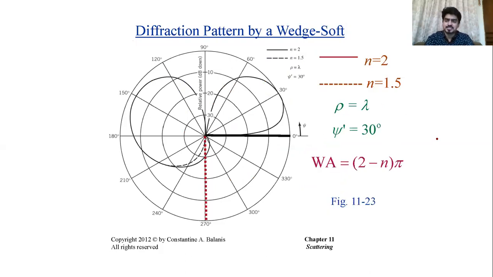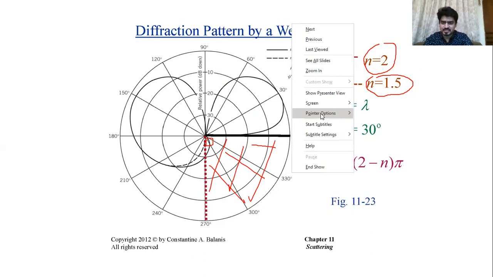If you look at the results for n equals 2, which is nothing but a half plane, and then n equals 1.5. For n equals 2, you can see that the solid line goes right up in the fourth quadrant. In that fourth quadrant, you see that there is some scattered field even in that region.